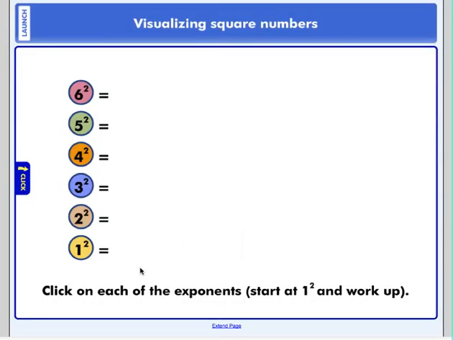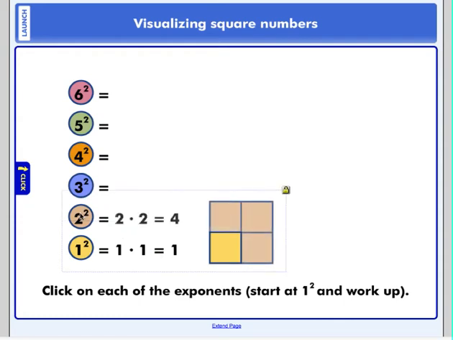Now let's think about what it means if we're looking at square numbers. For example, if we have 1 squared, what we see is 1 row, 1 column. If we write the number sentence, it would be 1 times 1. That equals 1. That's the first square number. 2 squared means that there's going to be 2 rows, 2 columns. 2 times 2 equals 4.